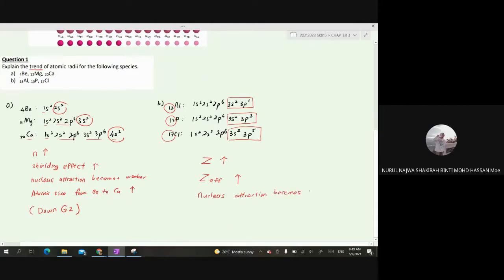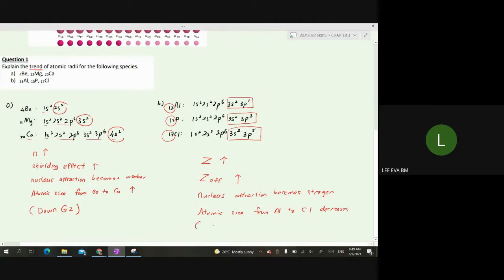Stronger. Become stronger. So when it becomes stronger, it will pull the electrons towards the nucleus. Then what happens to the atomic size or the radii? Decreases, or becomes smaller.